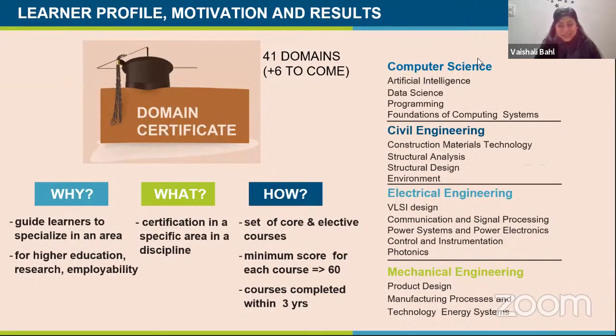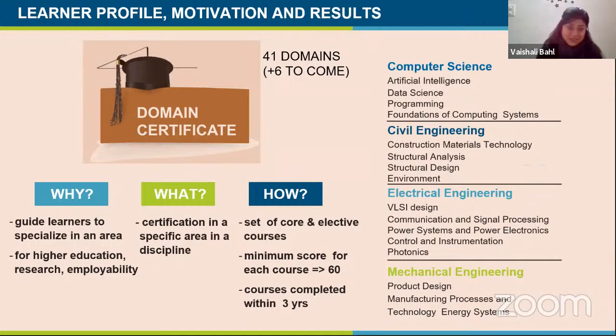Okay, the very important thing that I touch is domain certification, what is it and why is it required? As you know, today's world is all about specialization. What are you specialized in? What is your specialty? For example, if a student is from a computer science background, we offer a domain in artificial intelligence, data science, programming, computing systems, and so on.